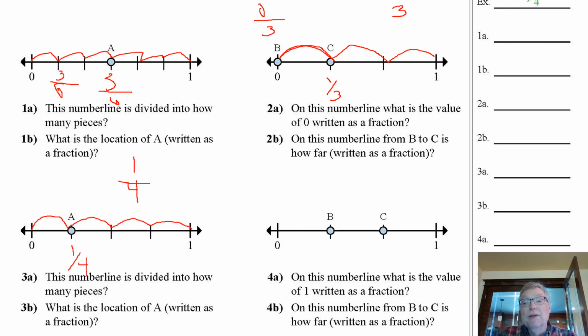Let's take a look here. On this number line, what is the value of 1 written as a fraction? Let's go ahead and see what it's divided into. 1, 2, 3. So again, this is broken up into thirds.